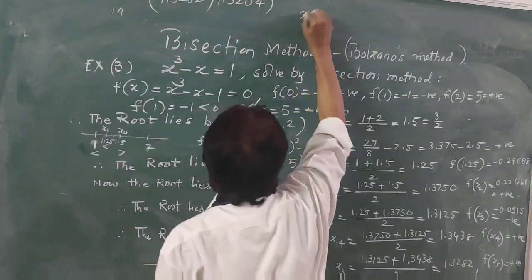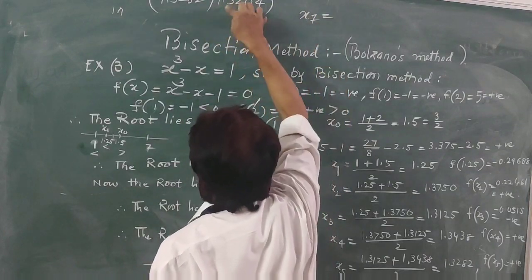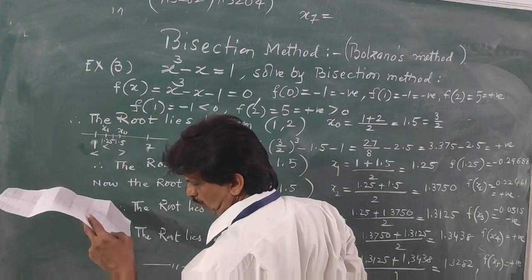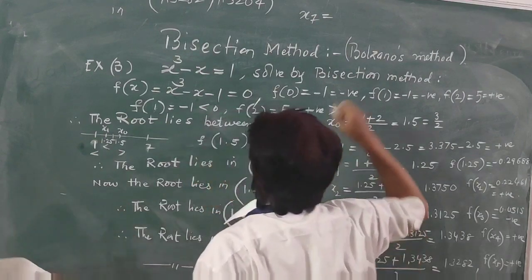Now x7 is the sum of these two divided by 2, which comes out as 1.3243.